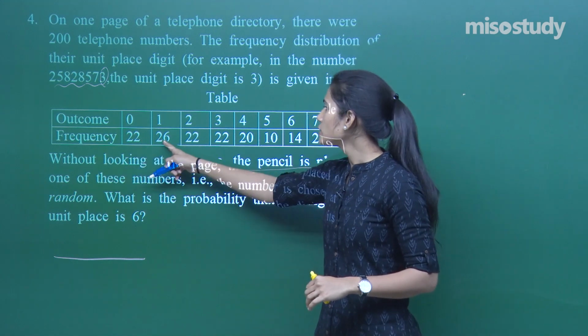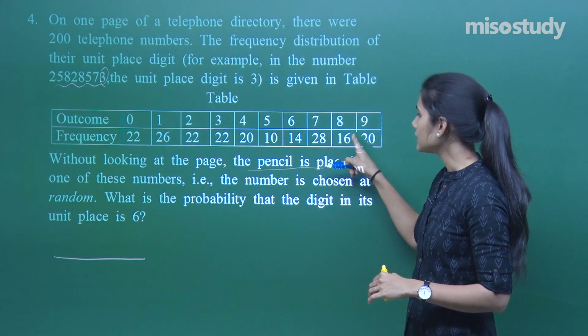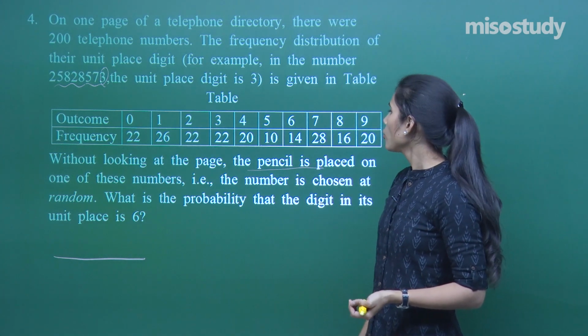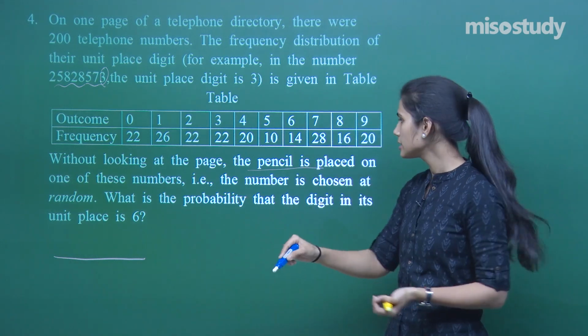When you add 22 plus 26 plus 22 plus 22 plus 20 plus 10 plus 14 plus 28 plus 16 plus 20, you get 200. The question is: without looking at the page, the pencil is placed on one of these phone numbers.